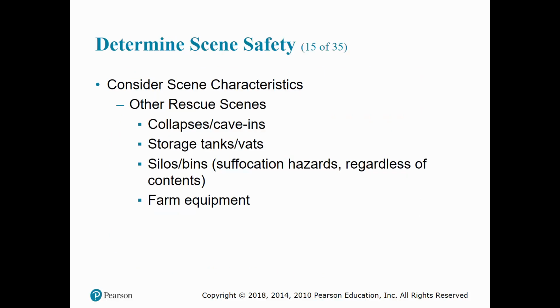It is the EMT's duty to ensure that adequate numbers of appropriately trained and equipped personnel are summoned if necessary to handle special rescues. Some special situations that EMTs might frequently encounter include those described next.